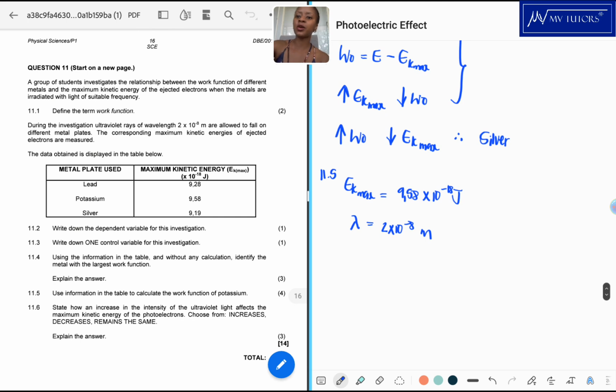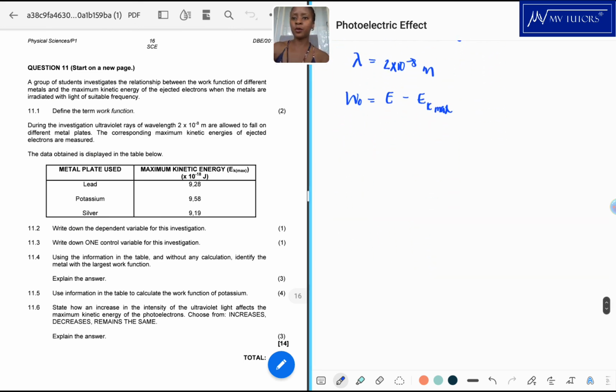So the work function is equal to the energy of the photon minus the maximum kinetic energy of the electron. The energy of a photon, remember, E is equal to Planck's constant times frequency, but we have not been given frequency in this case. We have been given wavelength.